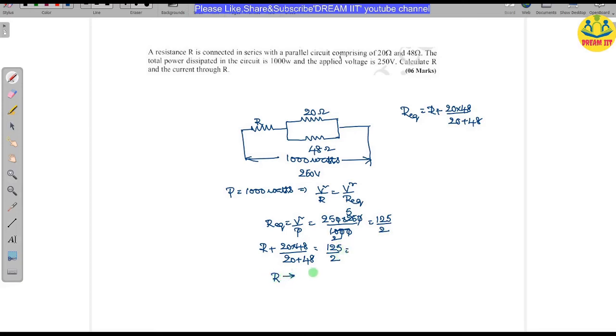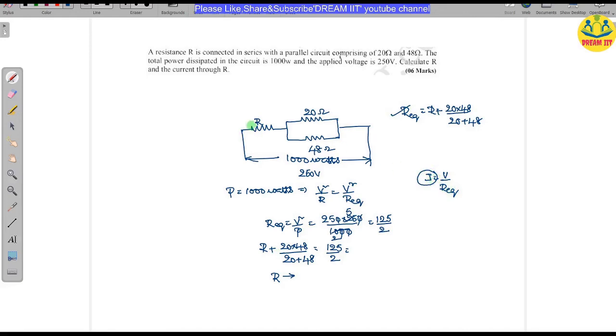After getting R equivalent, you have to find the current. Current flowing I is equal to V by R equivalent. After getting the R equivalent, you can substitute and find the current flowing. That is the entire total current.